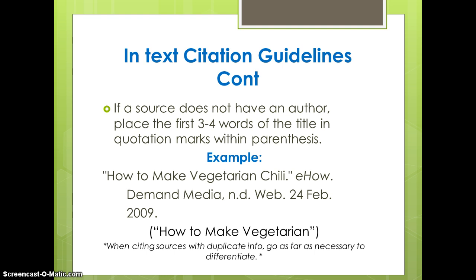That way the reader would be able to differentiate between the two. We will have a couple examples of these in class this week, so to kind of clarify that if it seems confusing to you. But those are the 3 basic general rules for in-text citation.